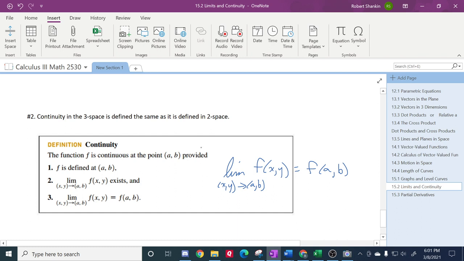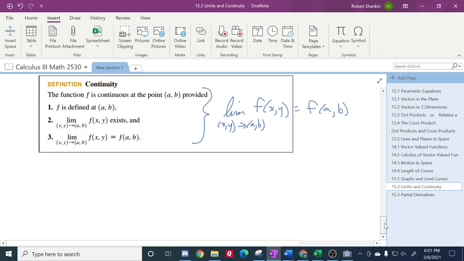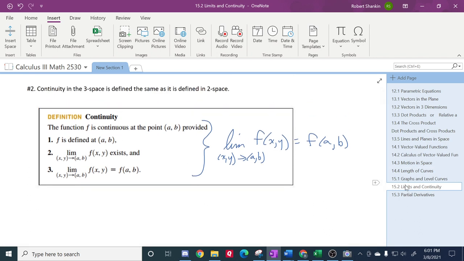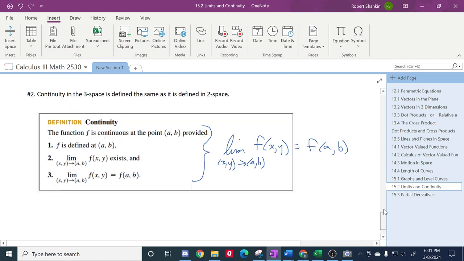In order for this to be true, f has to be defined, and the limit exists, and they have to equal each other. And that finishes up the 15.2, limits and continuity.